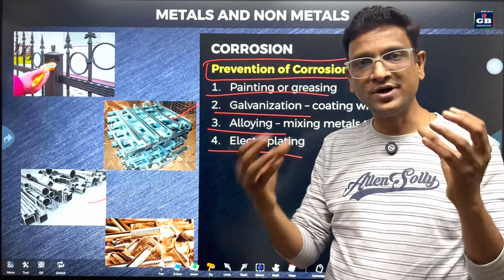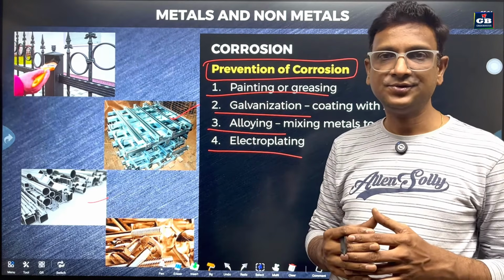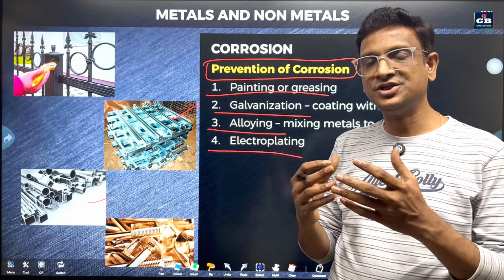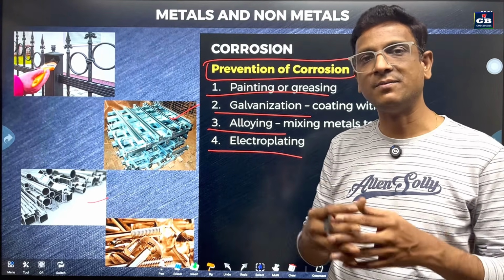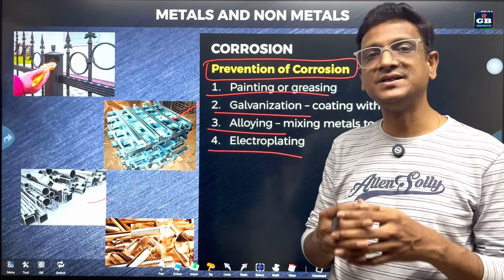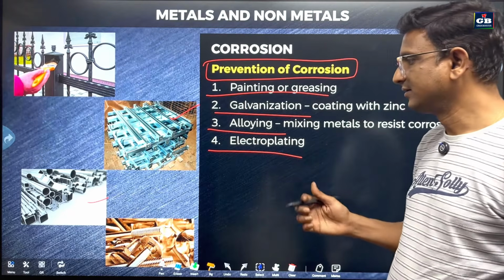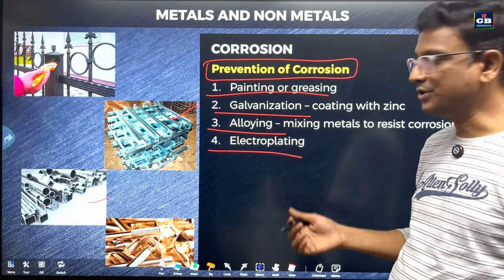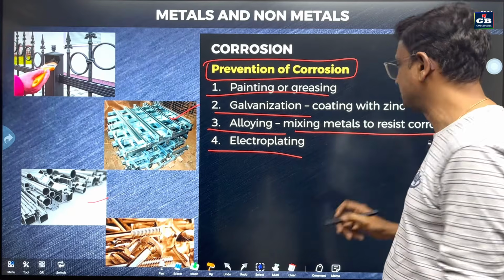By mixing two different metals, you form a new metal, and that is called an alloy. It's a homogeneous mixture of two metals. These alloys are not prone to corrosion, so you can protect a metal from corrosion by alloying.